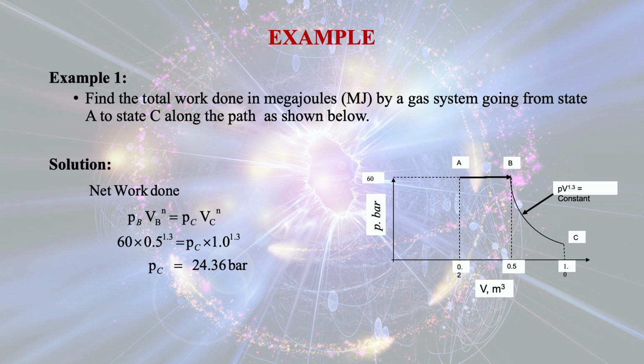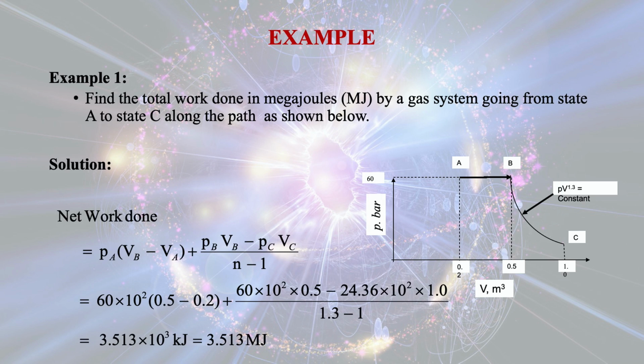Now you see PB is 60 bar, VB is given as 0.5 meter cube, VC is given as 1 meter cube, only PC is unknown, so PC we can calculate, that comes out to be 24.36 bar.